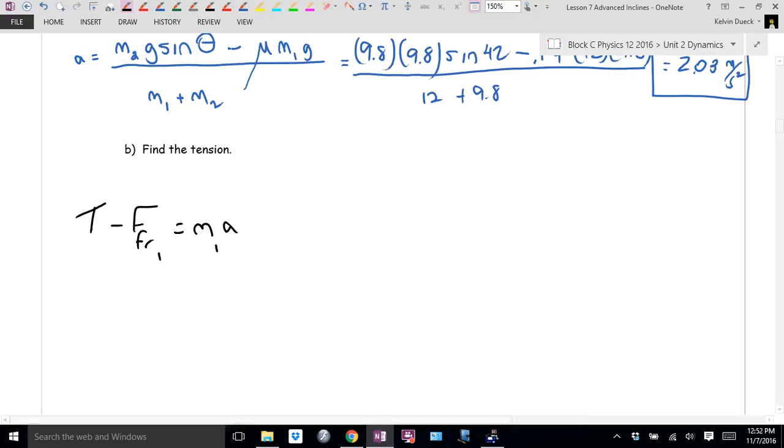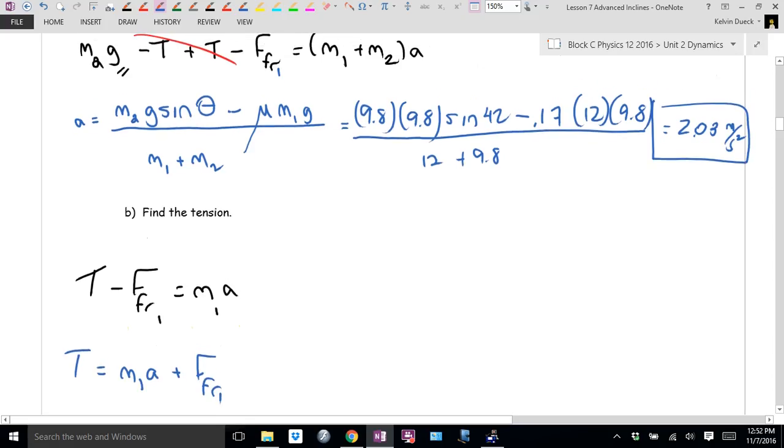Oh! Get the tension by itself. Easy peasy. M1A plus friction force number 1. Normally I would say to you, friction is what times what, mu times, look. But you know what? I think I have an expression for friction already in the previous question.